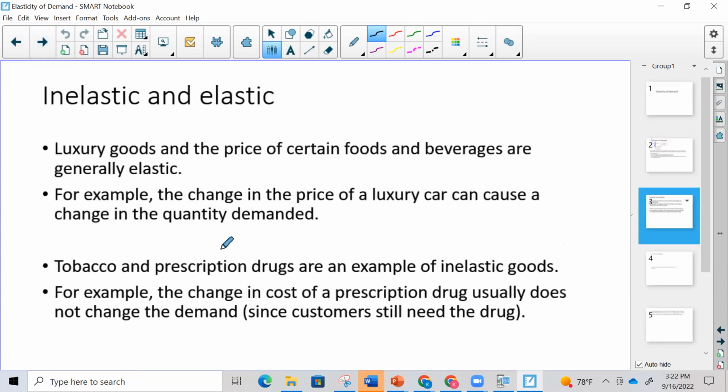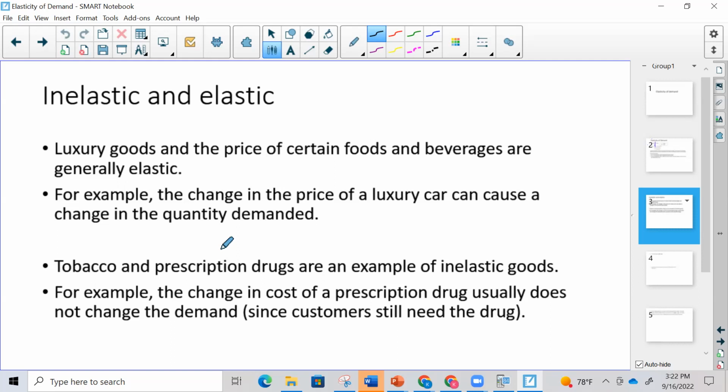So just some real life examples. Luxury goods and the price of certain foods and beverages are generally elastic. For example, the change in price of a luxury car can cause a change in the quantity demanded. Tobacco and prescription drugs are examples of inelastic goods.